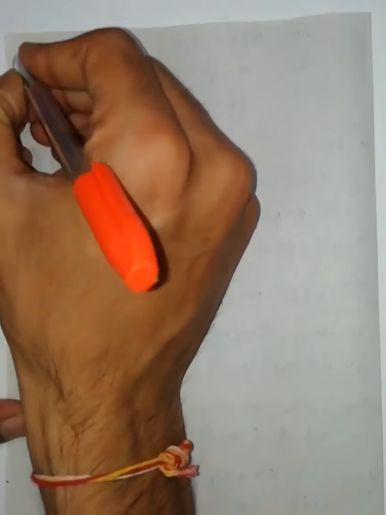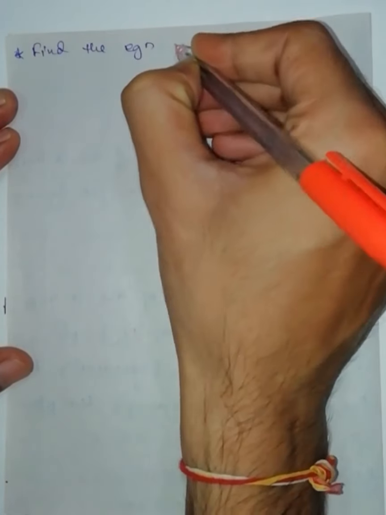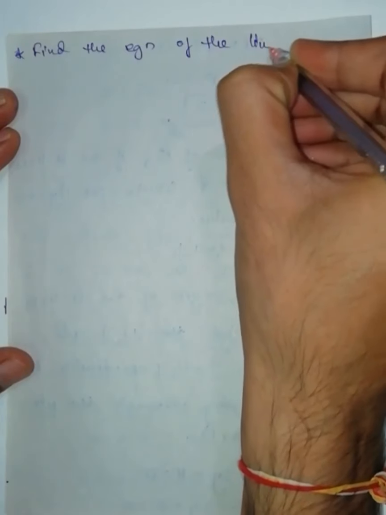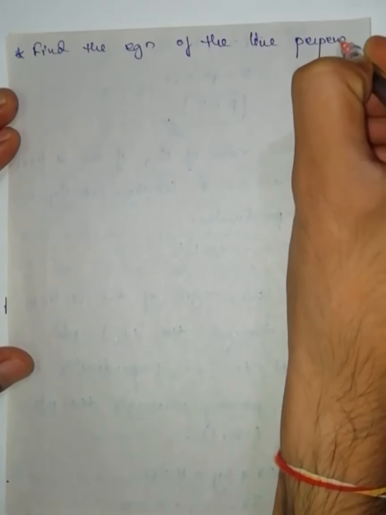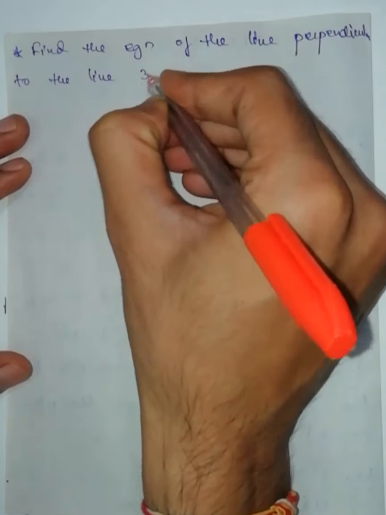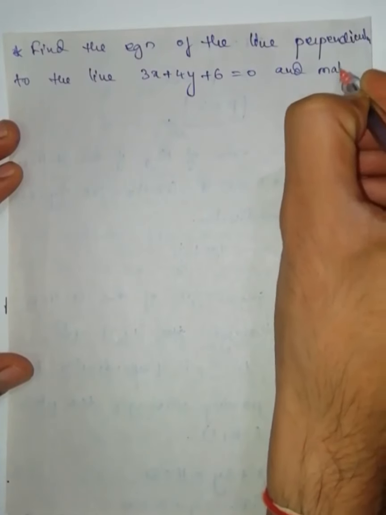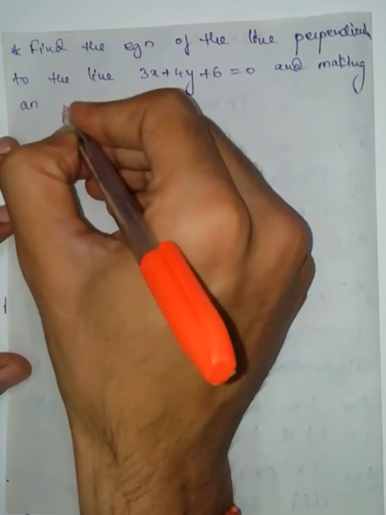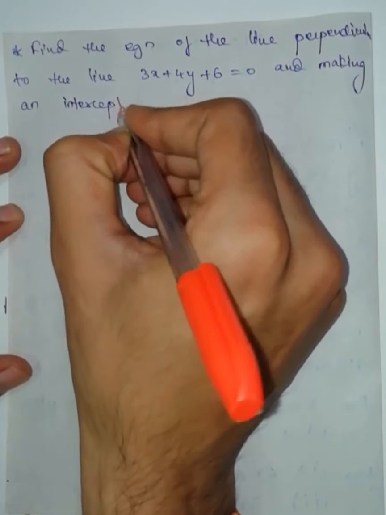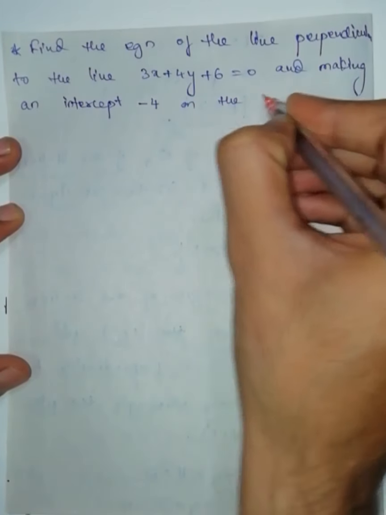Next problem. Find the equation of the line perpendicular to the line 3x plus 4y plus 6 is equal to 0 and making an intercept -4 on the x-axis.